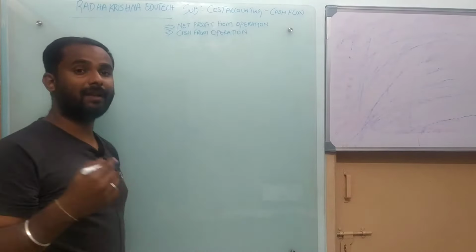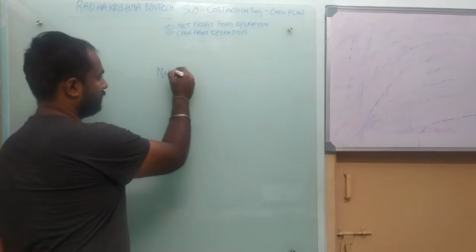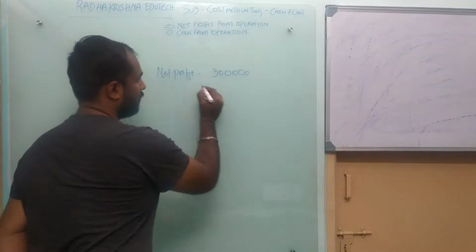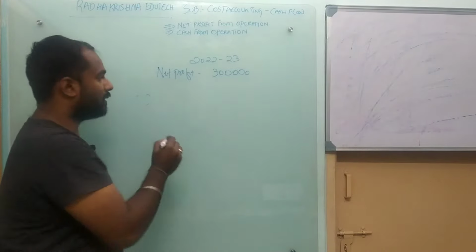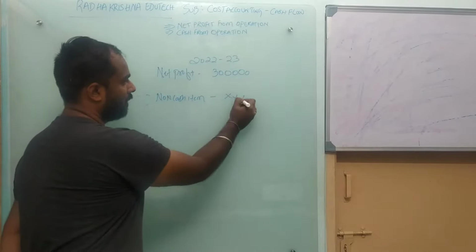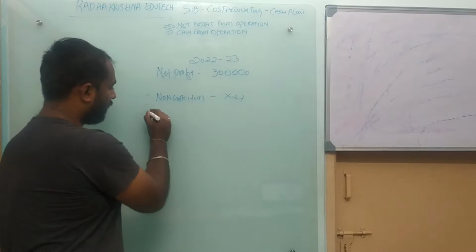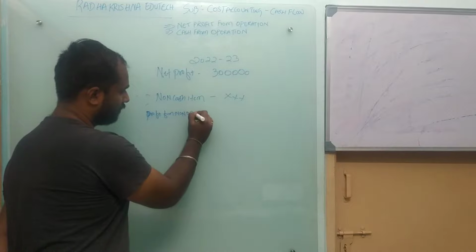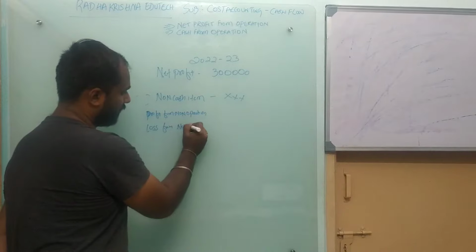Before calculating that, we have to calculate a net profit from operation. For example, think I have some 3 lakh rupees net profit for the year 2022-23, but this net profit will include non-cash items, then profit or loss from non-operation items.